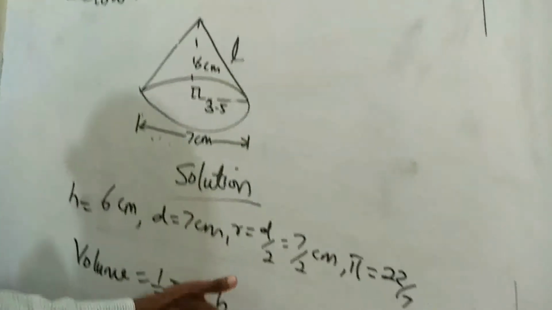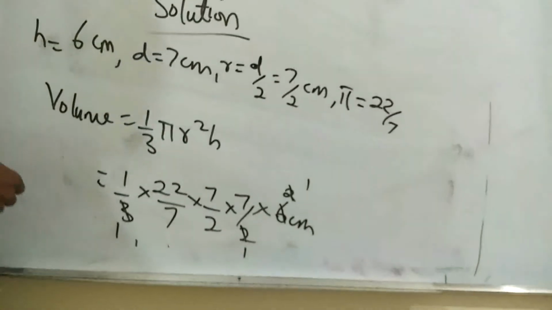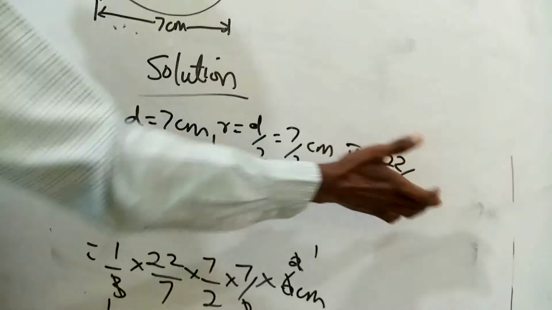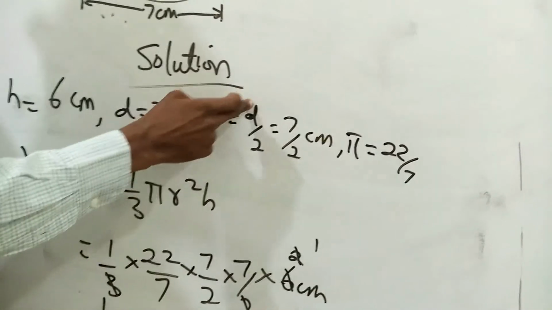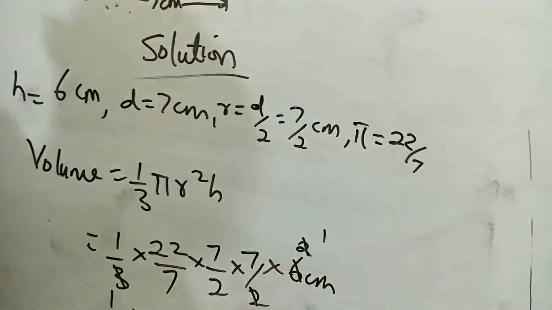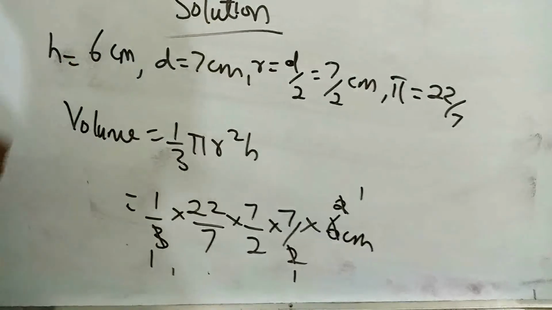Let's run over again. We have the formula 1/3 pi r square h for the volume of a cone. Our pi is given as 22/7. Our radius is diameter over 2, that's 7/2. Then our height is 6 cm.